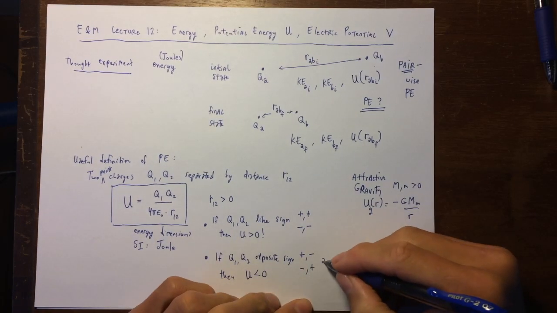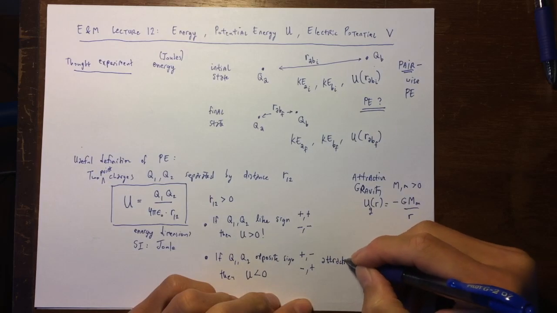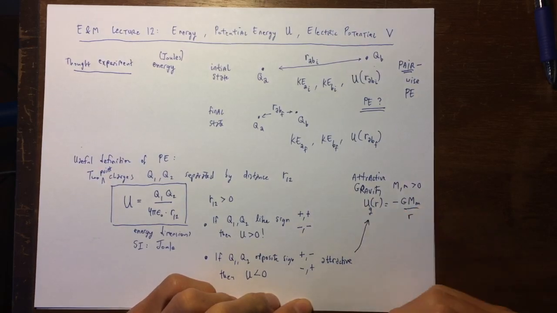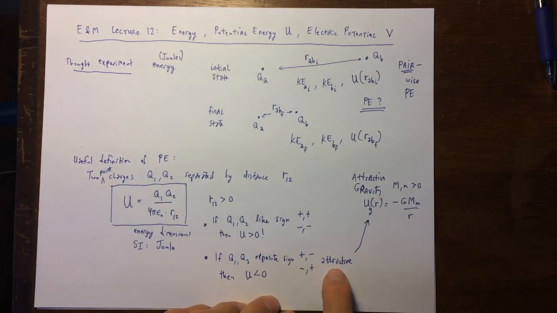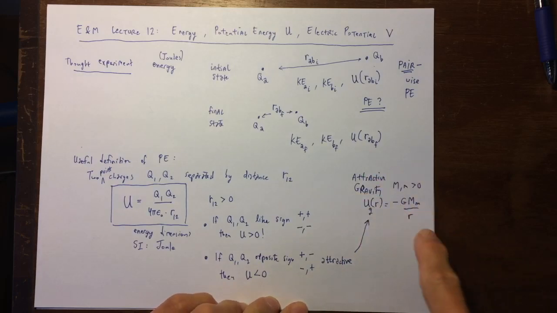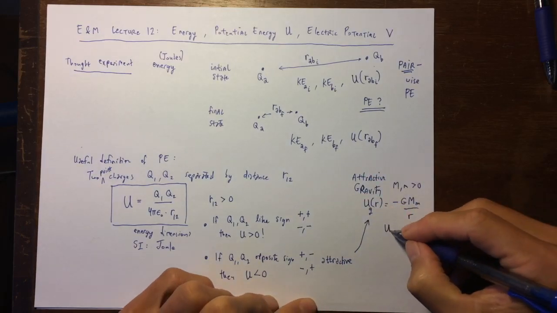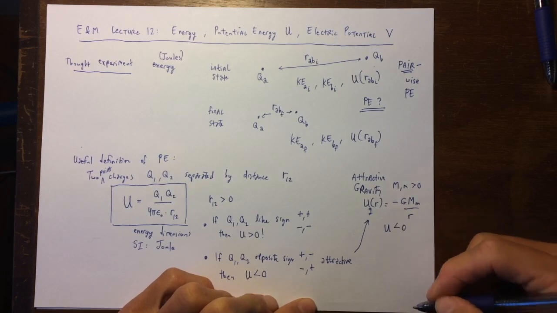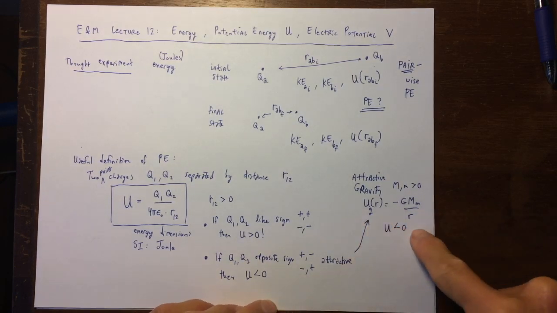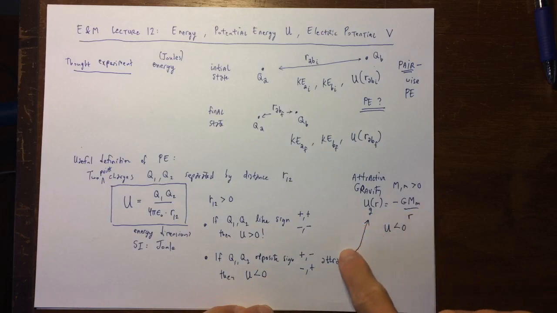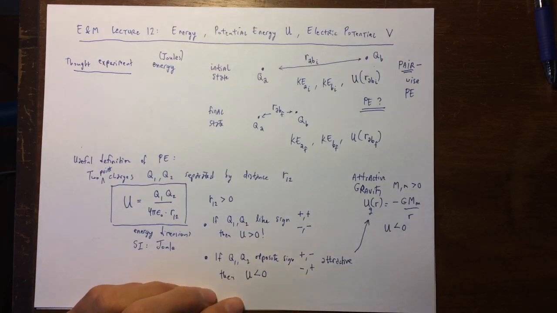This is when you get an attractive interaction, just like gravity. And in this attractive interaction, gravity needed to have potential energies that were less than 0. So this is how we match gravity. Gravity is an attractive interaction, and electrostatics is attractive if the charges have opposite sign. And when they have opposite sign, the overall sign of the potential energy is negative.